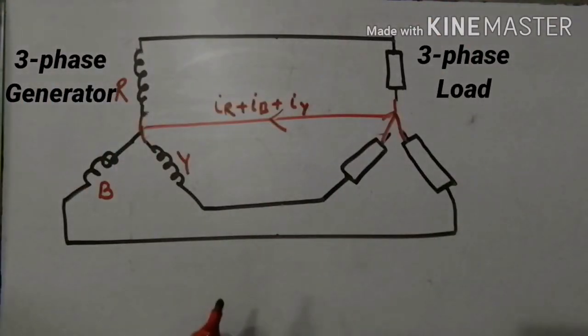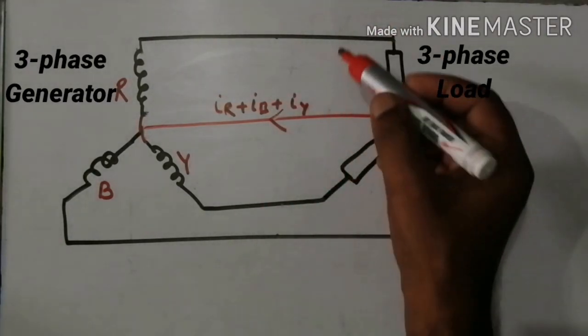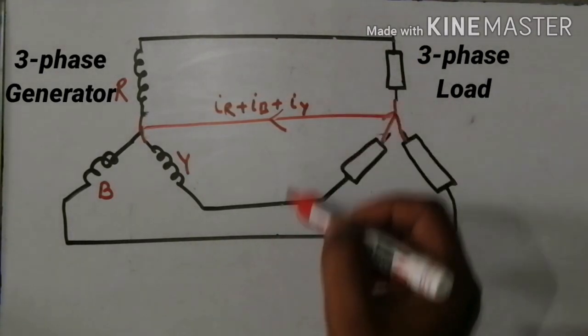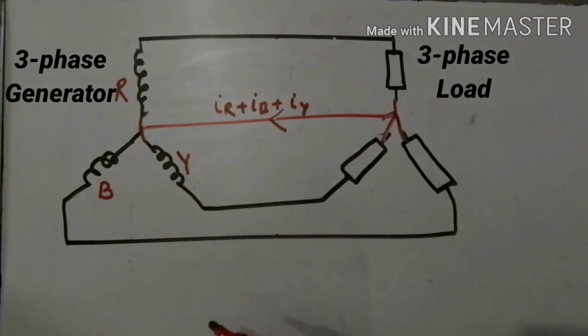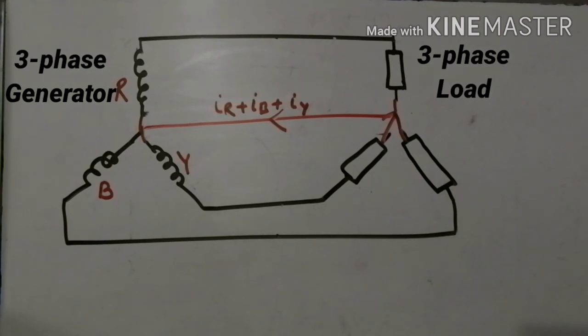Now this circuit is reduced from 6 wire to 4 wire. 1, 2, 3, 4. Now it is a 4 wire system. We have reduced 2 wires, right? We have saved the cost of 2 conductors. Now this system is known as the 3-phase 4 wire system.